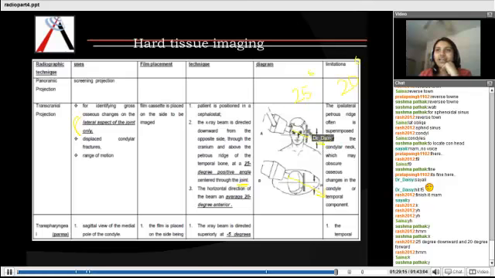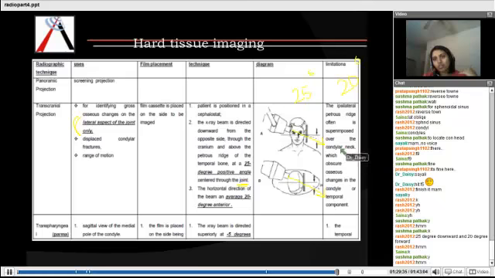Although we are passing our beam from above the petrous ridge of this side, this side's petrous ridge will actually form an image over the condylar neck.